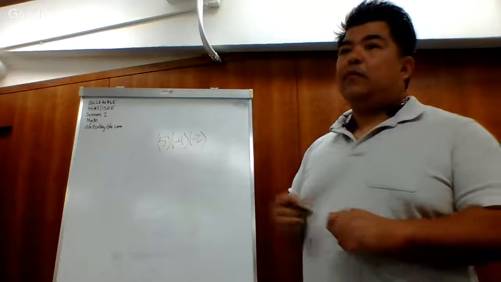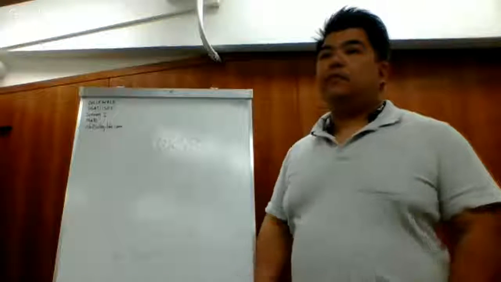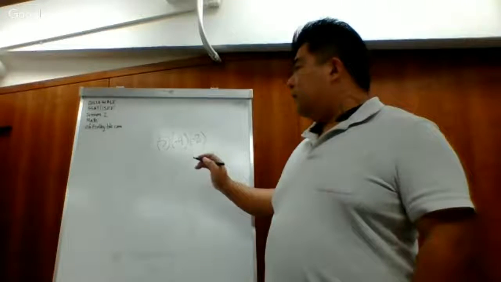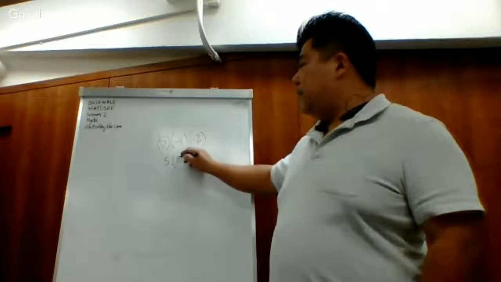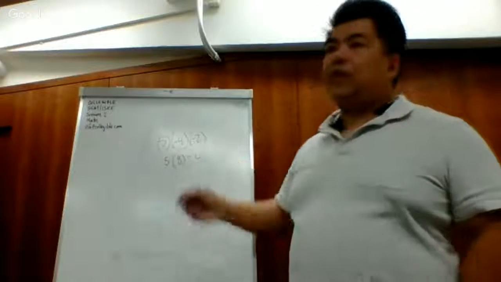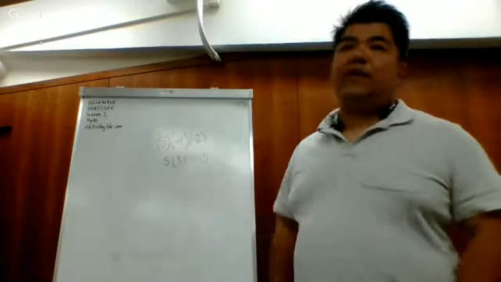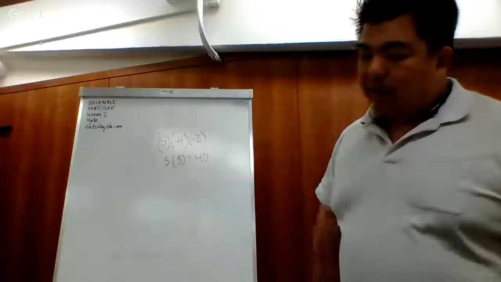So what is going on here now? The final answer is 40. Yeah, this is basically 5 times 8, which is 40. Correct. All right. I think she was dealing with the negative 4 and the negative 2 first, which is 8. So correct. Good job.